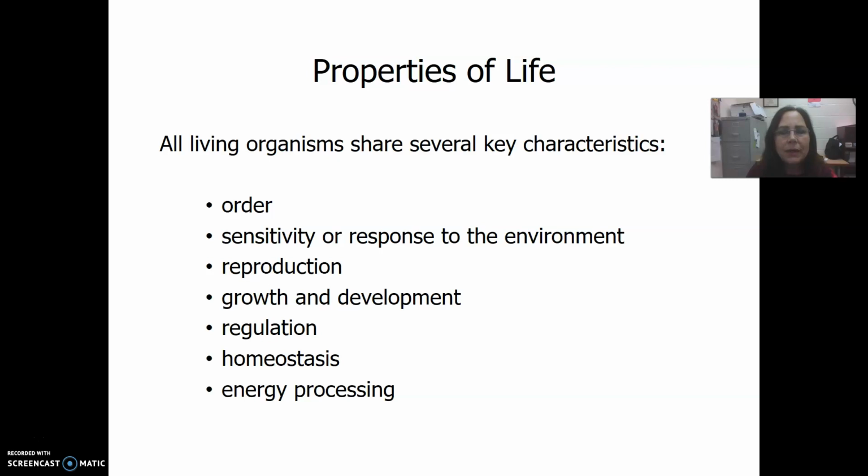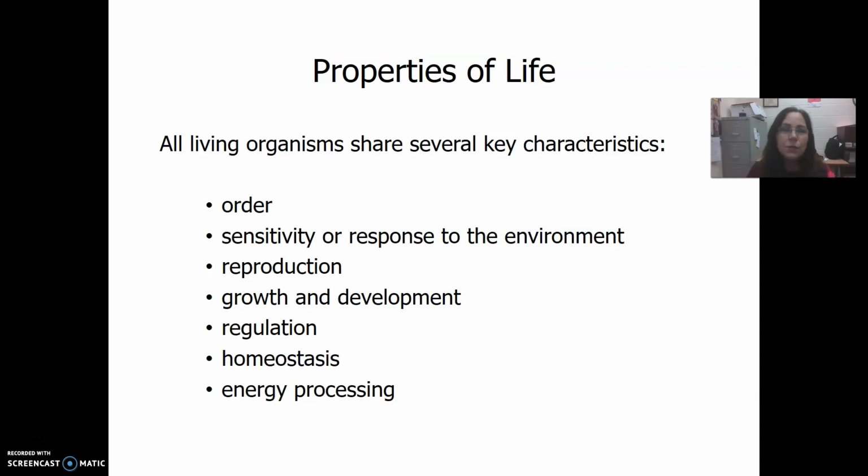But order, the first level of organization or order in living things is the atom, because all matter, whether it's solid, liquid, or gas, is composed of elements, and individual elements are atoms. So it begins with an atom, and then atoms are arranged to form molecules.